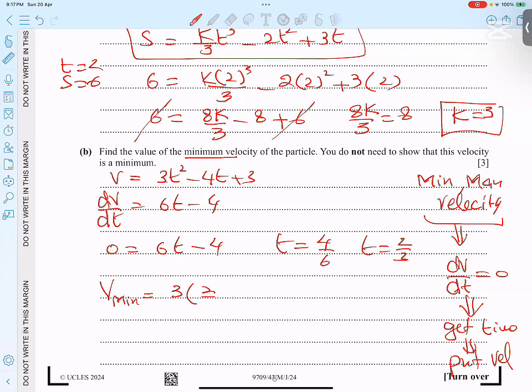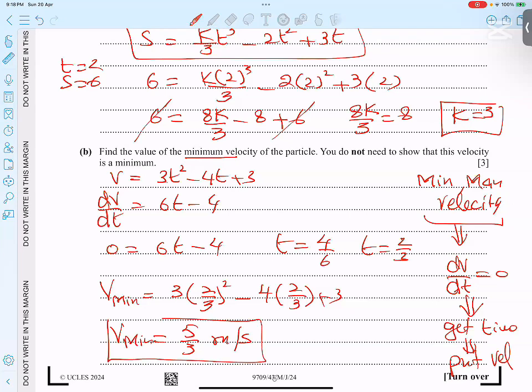I'm replacing this time value there, and if I type it in the calculator, students, I am getting 5 by 3 meters per second, the minimum velocity. I hope the concept is very, very clear.